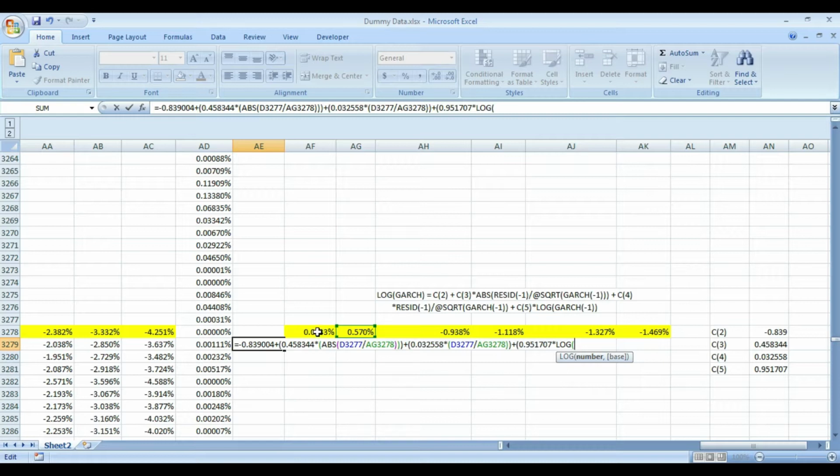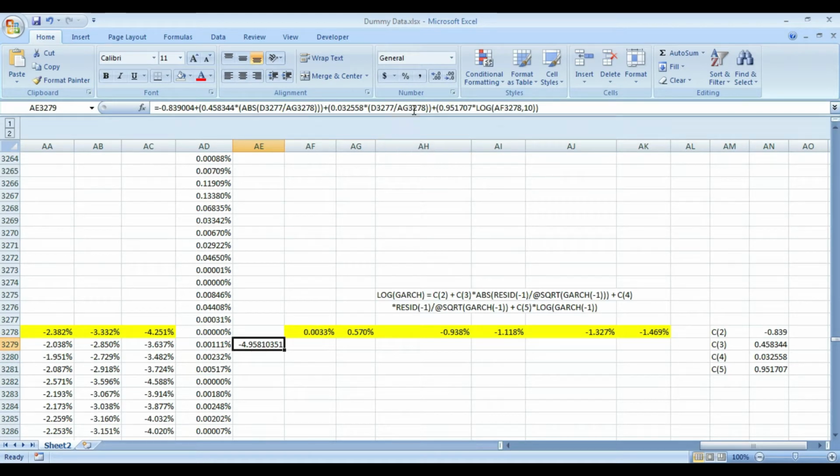The variance is this, and it's asking for base, so we'll keep the base as 10 and close this bracket and another bracket to close this thing, and press enter, and express this as a percentage, so it comes as 496. So okay, we got our log of var.